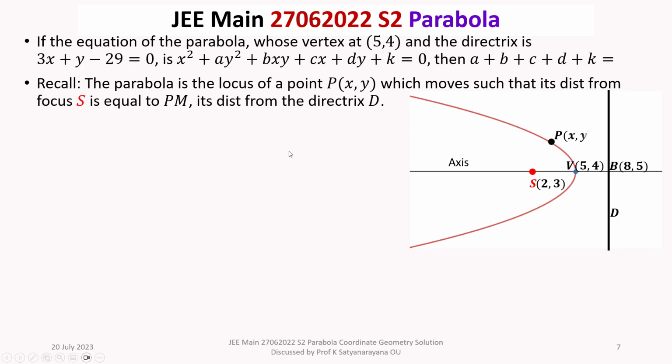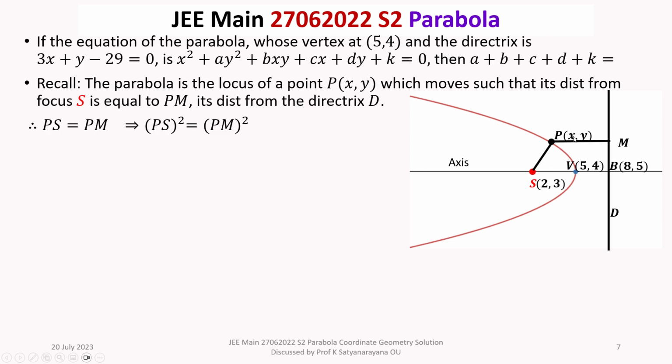So this is P(x, y), the distance is PS, and its perpendicular distance on the directrix is PM. In the diagram, it shows PM is a little bit longer than PS, but it is equal. Therefore PS is equal to PM, squaring on both sides, PS square is equal to PM square.